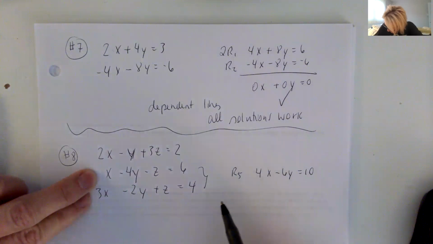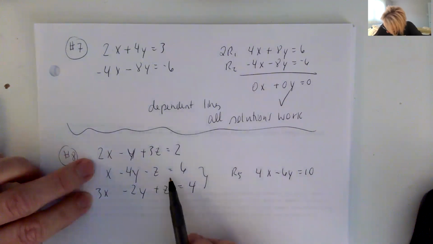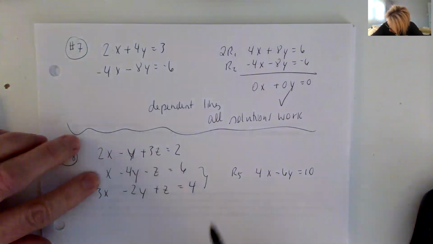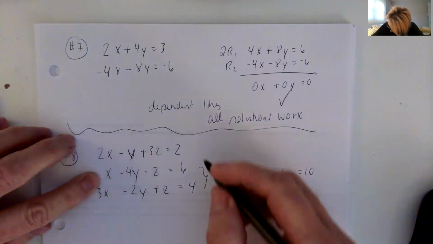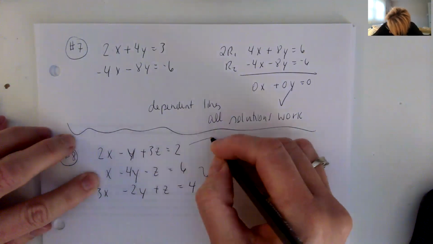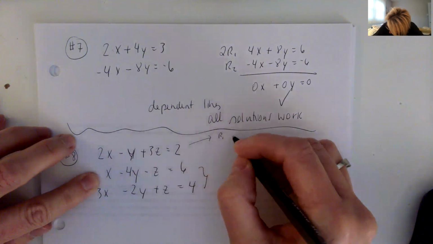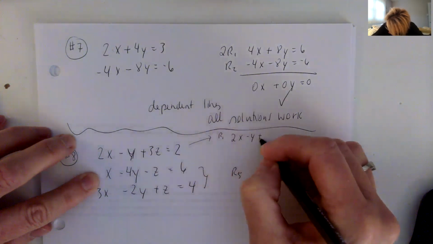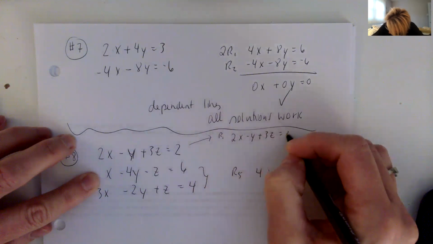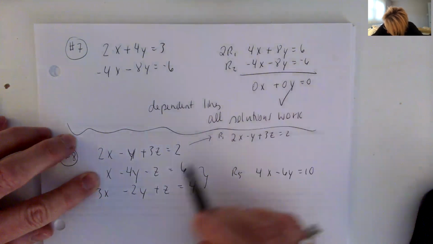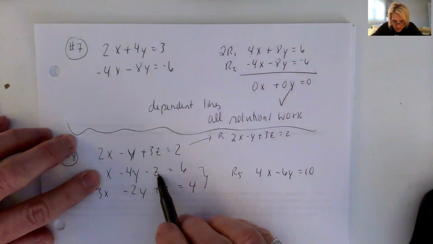And then I'm going to do a multiple of row 1, which is 2x minus y plus 3z equals 2. And I'm going to multiply row 2 by 3 because it's already an opposite sign.